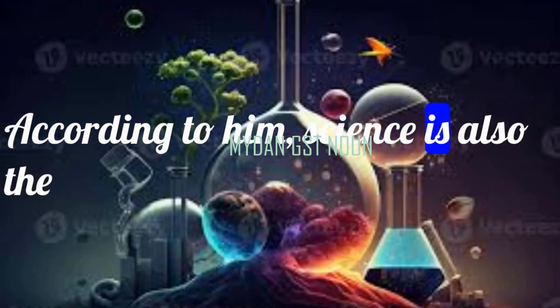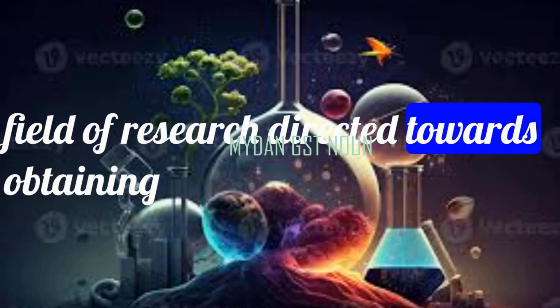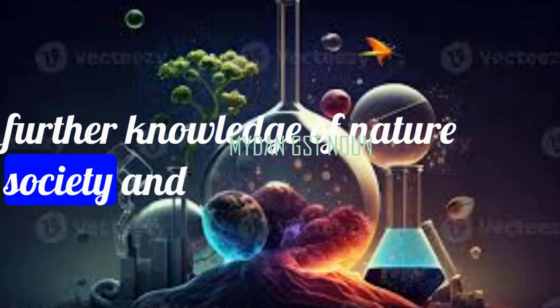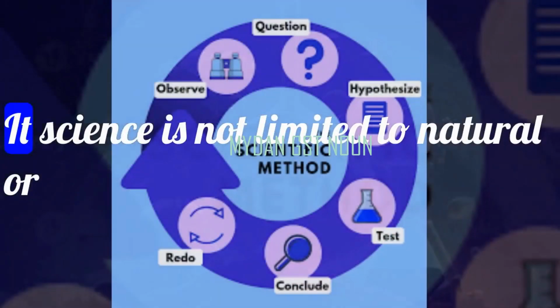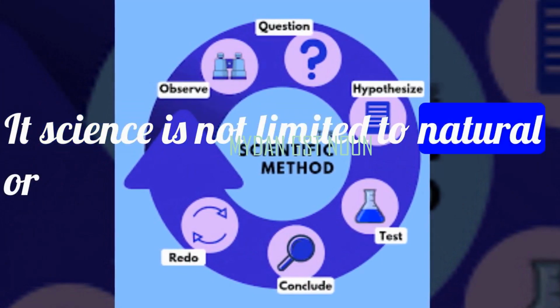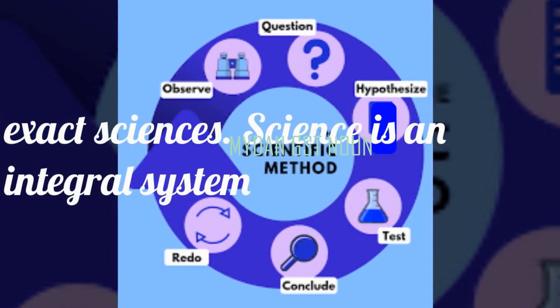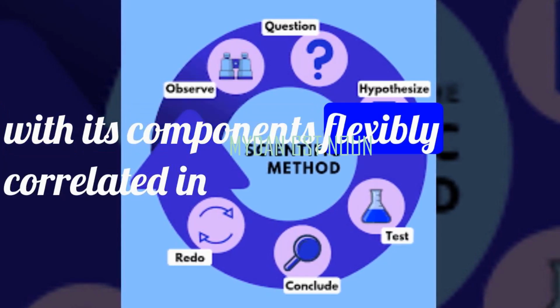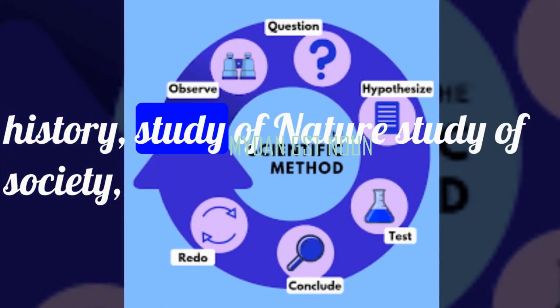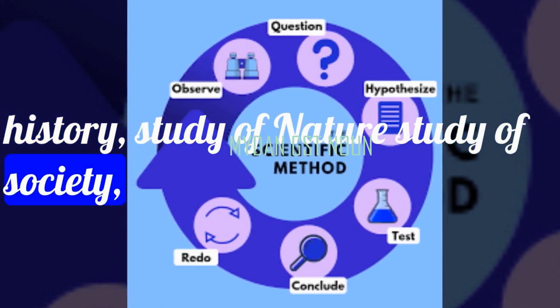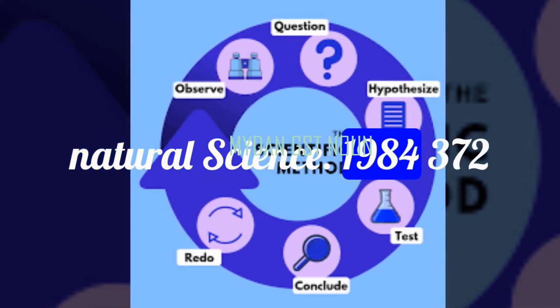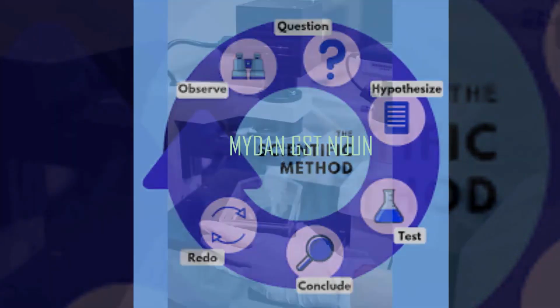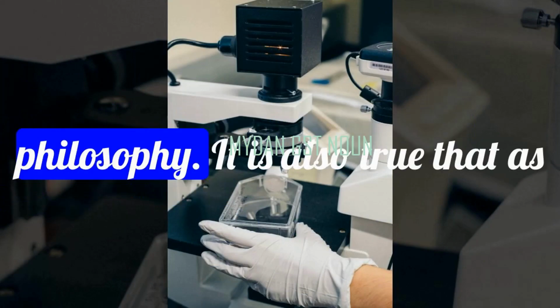According to him, science is also the field of research directed towards obtaining further knowledge of nature, society, and thought. Science is not limited to natural or exact sciences. Science is an integral system with its components flexibly correlated in history, study of nature, study of society, natural science, 1984, 372.